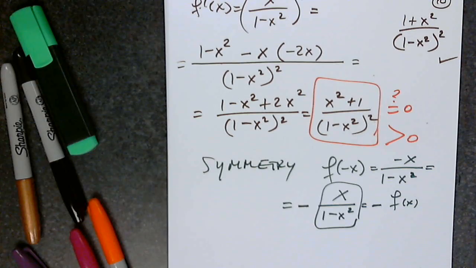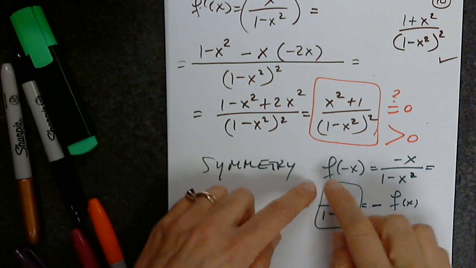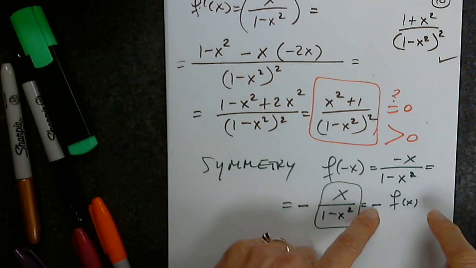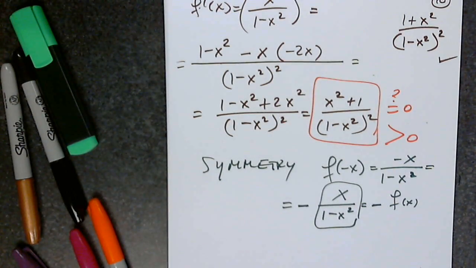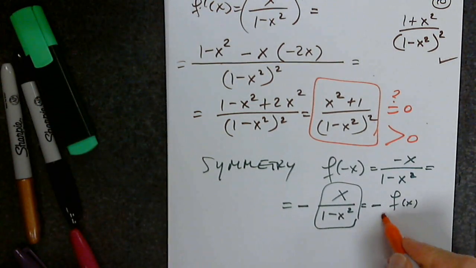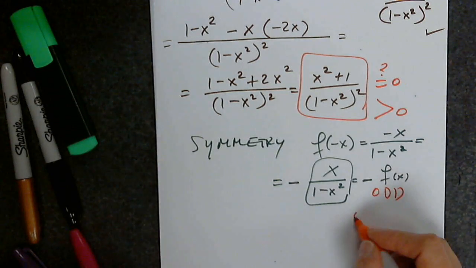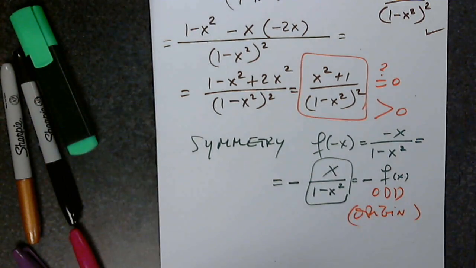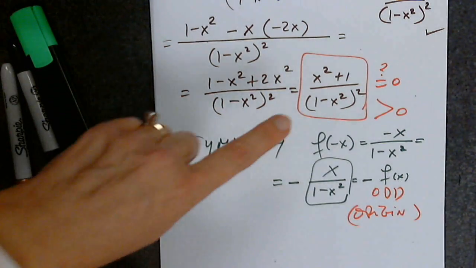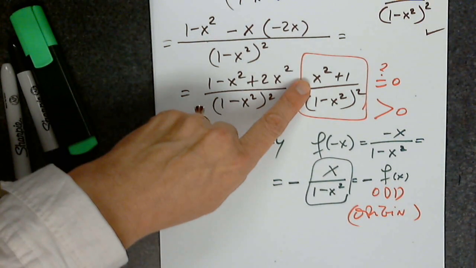What type of function has this property, that f of negative x is the opposite of f of x? It's an odd function. Very good. Which is symmetric with respect to the origin. Perfect.